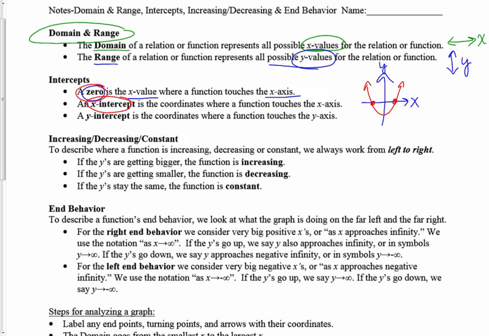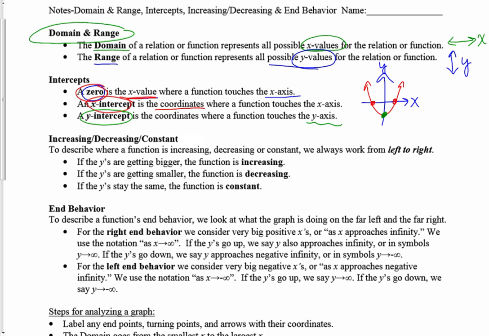So zeros and x-intercepts are really the same thing, but typically I'm going to write a 0 as an x value, and I'm going to write an x-intercept as a coordinate where a function touches the x-axis. The y-intercept is the coordinate where a function touches the y-axis. So down here where I touch the y-axis would be my y-intercept.